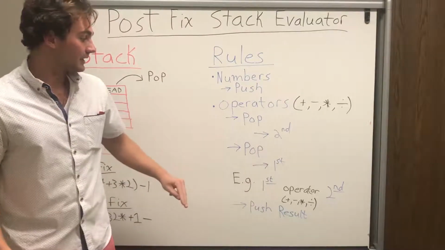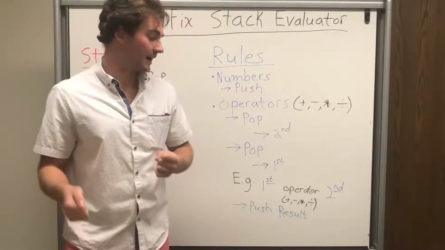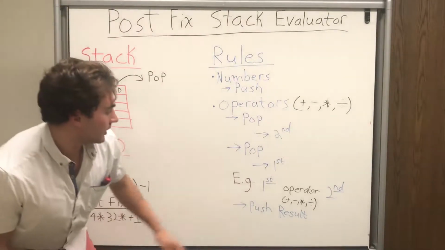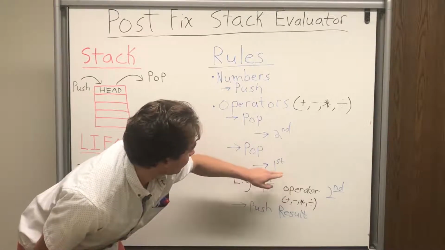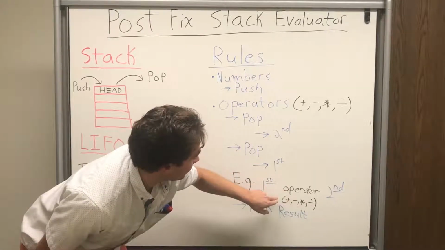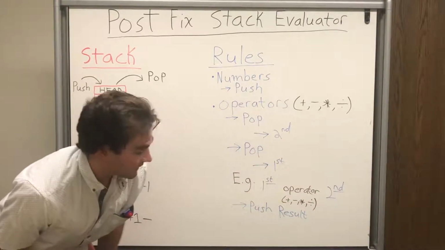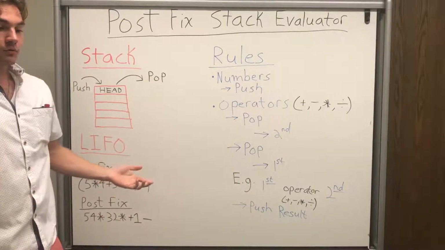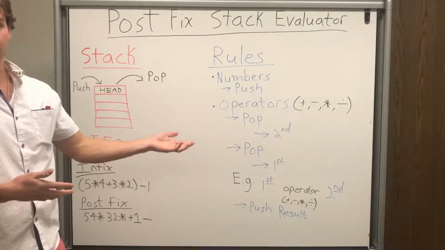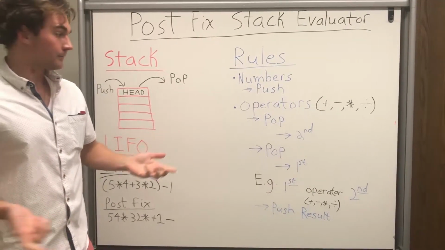And then you're going to pop again, and the second element you pop off the stack will be the first element in the operator. And then when you're all said and done, you push the result. And then when there's no more tokens to process in your queue that's coming in, you just pop the end result and that's your answer.